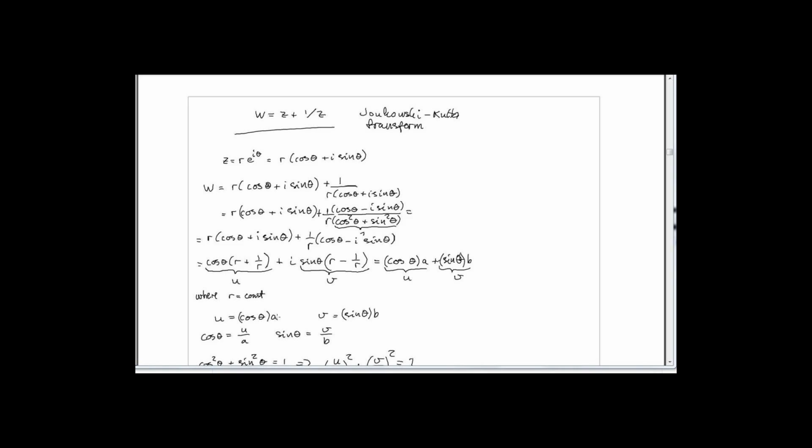Sample Joukowsky airfoil. The transformation of all complex numbers on the unit circle is a special case. |ζ| = √(χ² + η²) = 1, which gives χ² + η² = 1.